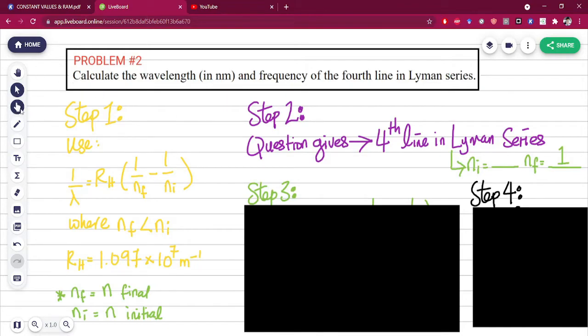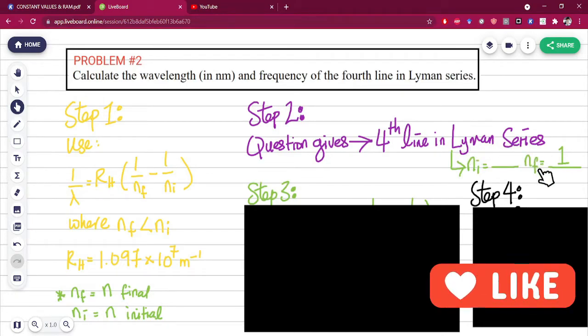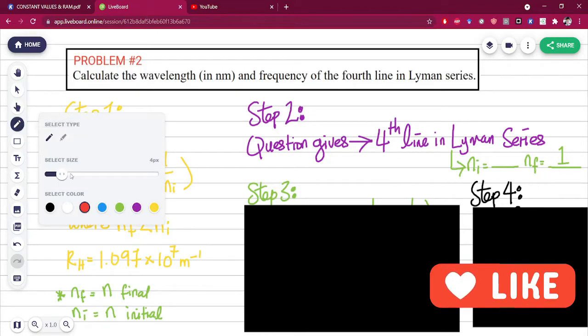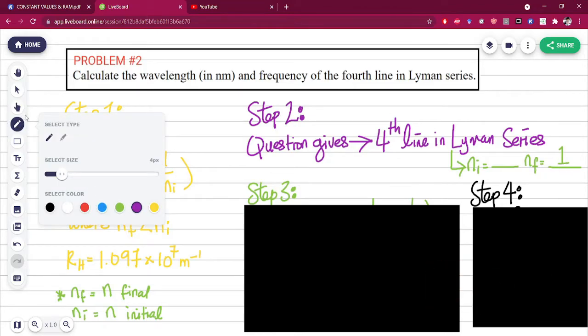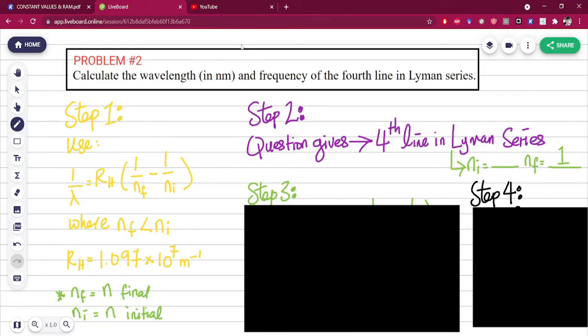The question gives the 4th line in Lyman series. So for Lyman series, you know that the n final will be 1. Again, I would like to remind you of the mnemonic: L, B, B, B, P. So this is 1, 2, 3, 4, 5.